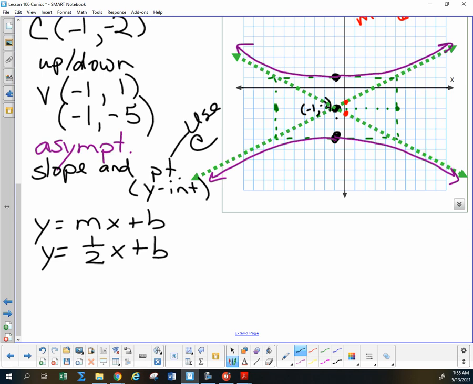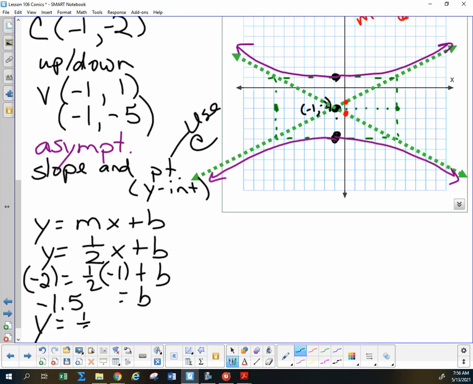So we're going to put in -1 for the x and -2 for the y, and get that b has to be -2 plus a half, so -1.5. So y equals 1/2 x minus 1.5. I should have been more consistent with just using fractions or just using decimals, but the point is to get the idea of how you can find that.